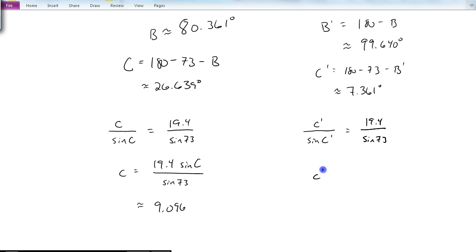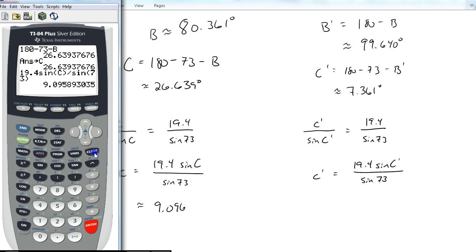So side length C prime is equal to 19.4 times the sine of angle C prime all over sine of 73. Okay, and I have to also store C prime quickly, so that's what I'll do here.